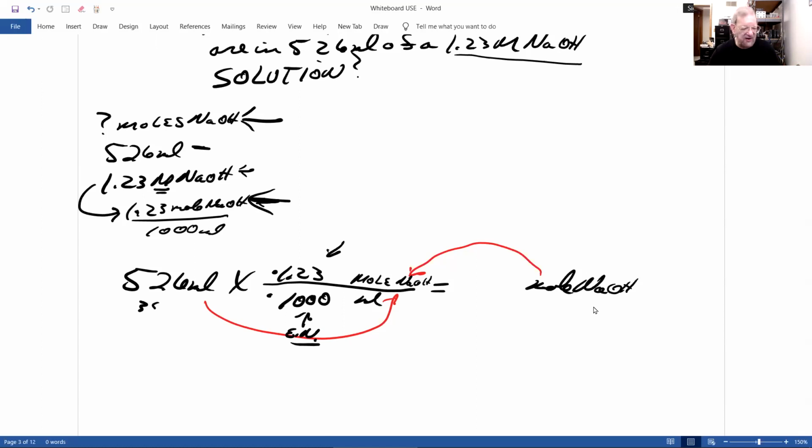So this is 3 significant figures. My answer should be 3 significant figures. Before I go any further, milliliters divided by milliliters cancels out, because anything divided by itself equals 1. And I'm left with moles of NaOH.